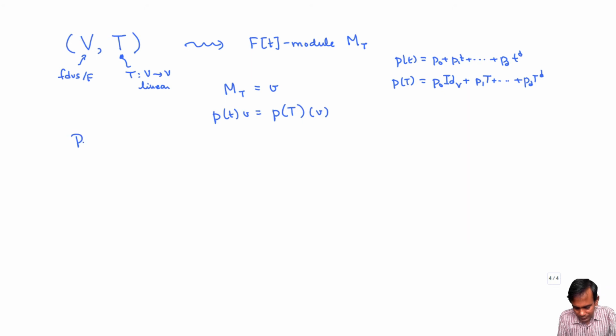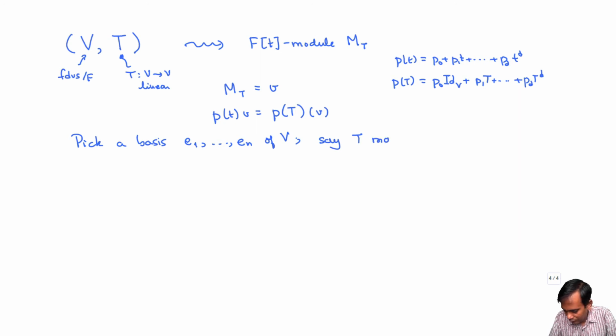Now if you pick a basis of V, let's call it e1 up to en, then with respect to that you can write down a matrix for T. Say T has matrix A with respect to this basis. What does that mean? That means that the jth column of A is the action of T on the jth basis vector.